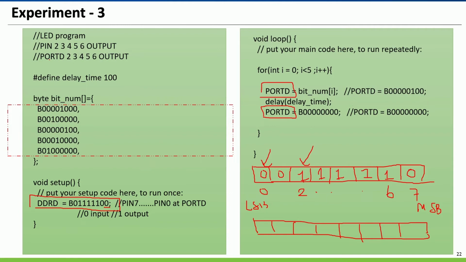In this case, you want LED 3 on first. So LED 3, this one on, another is 0. So this one, 3 is this one, and this one is 1, and the rest of the value is 0.